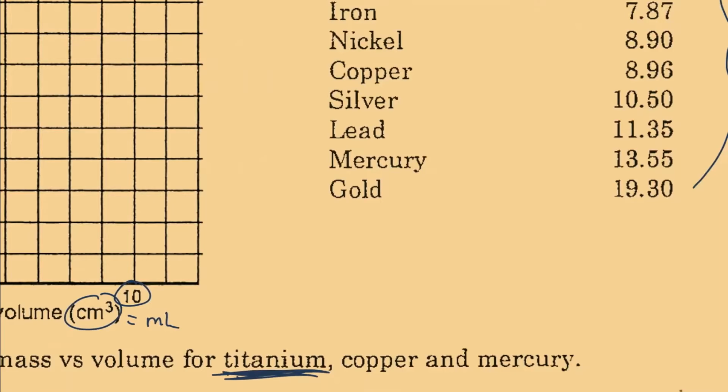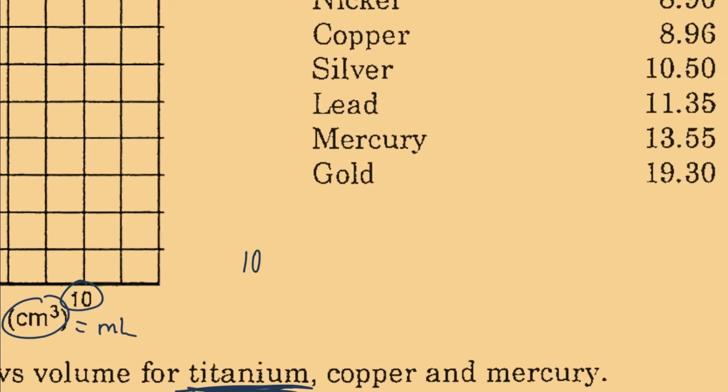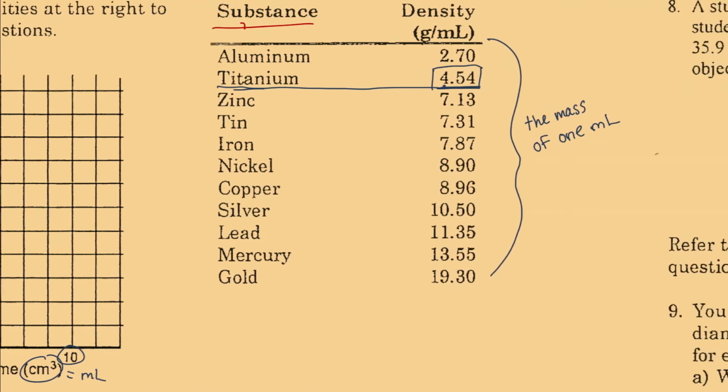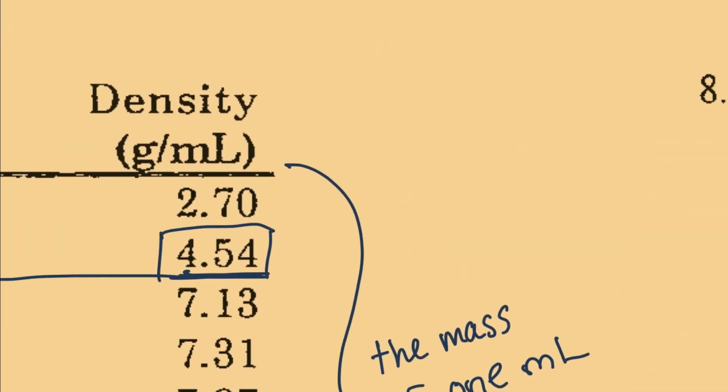So if I have 10 cubic centimeters, how far up should I go on this graph? How many grams would that be? Well, I know that 4.54 grams is the mass of 1 cubic centimeter.